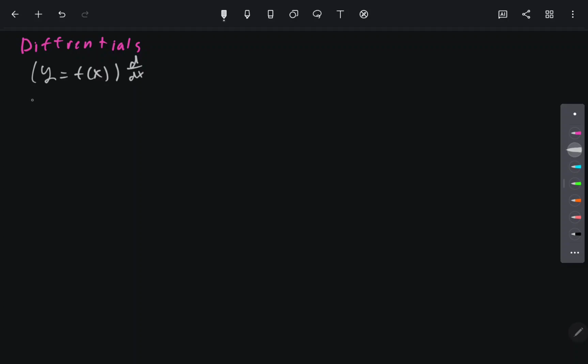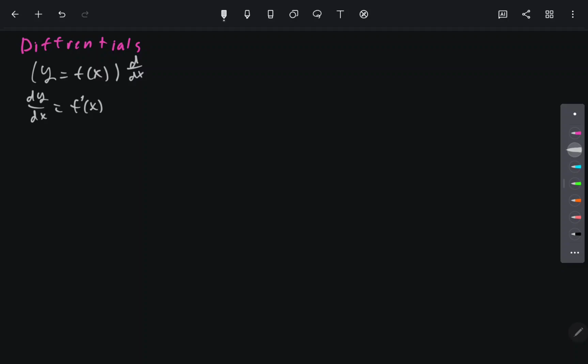So we get dy/dx is equal to f prime of x. Now what if I want to get a specific change in our y value corresponding to a change in our x value?